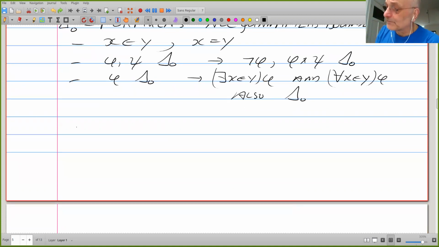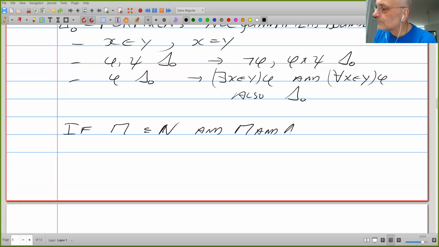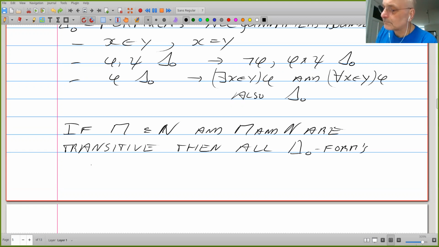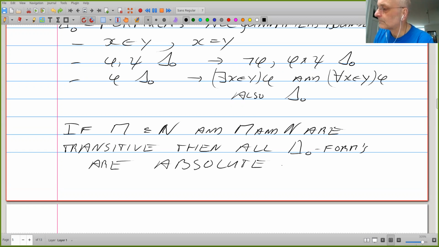And so the main theorem is... this is a huge thing, because very, very many things can be written down in delta zero form.